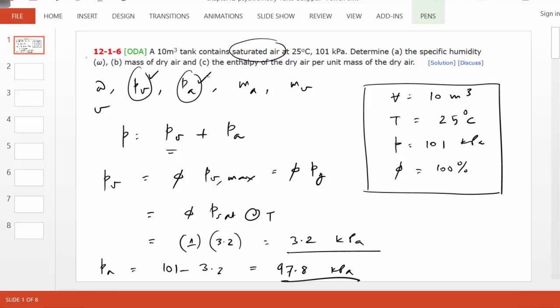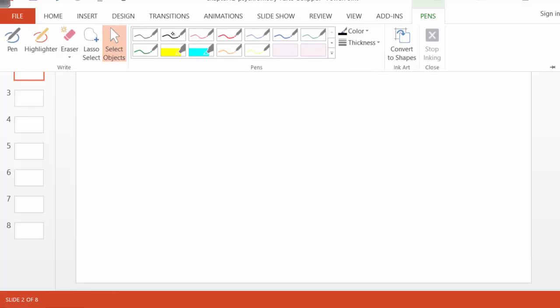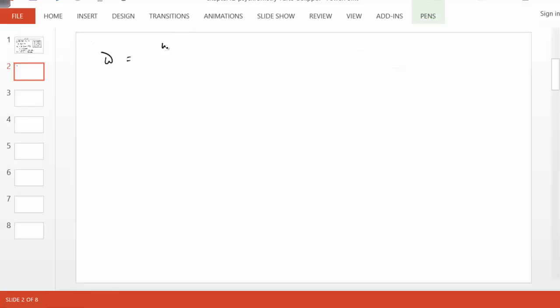Let's go ahead and calculate omega. And recall that omega, which is the humidity ratio or specific humidity, by definition is mass of vapor over mass of air, which is given by the following formula. So if you know the vapor pressure and total pressure, we can obtain omega from this formula. We can easily calculate that.